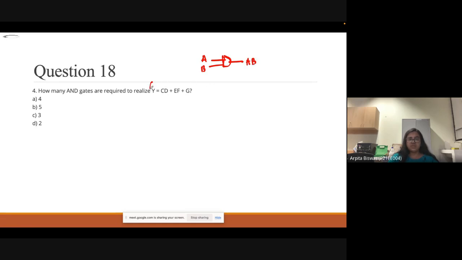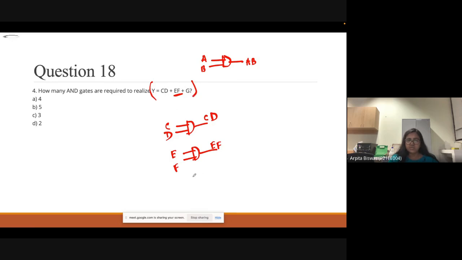So here C into D. We can write C into D, so C into D is coming out, and E into F. We can also represent it as an AND gate, E into F, right?